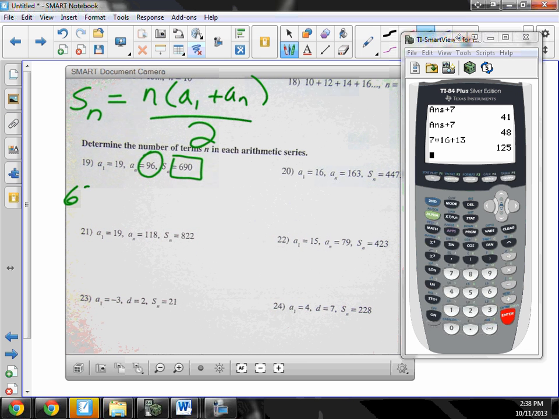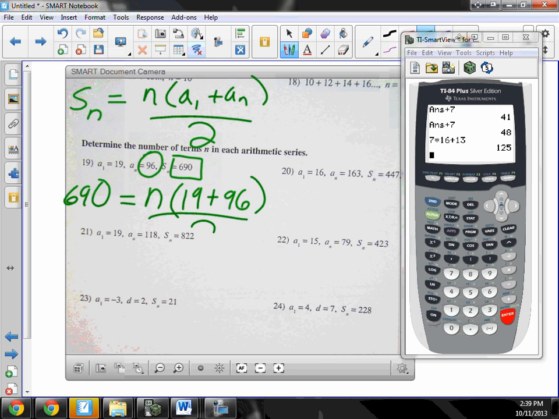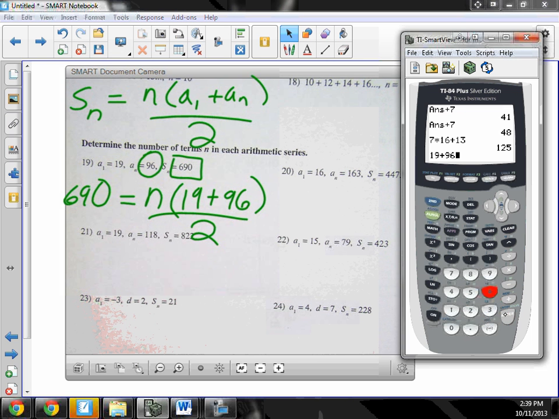So 690 equals n, which is unknown, times 19 plus 96 over 2. So 19 plus 96 is 115 divided by 2 is 57.5.